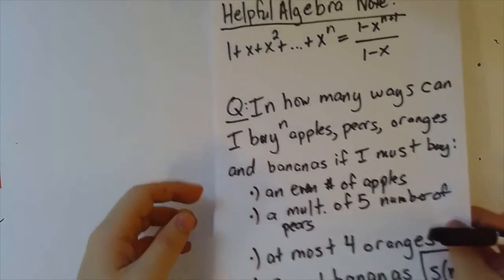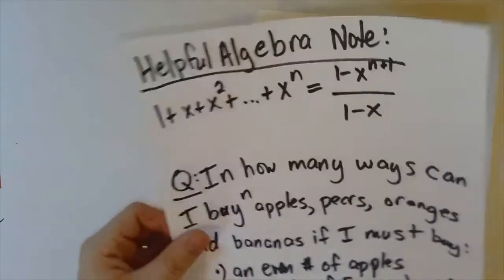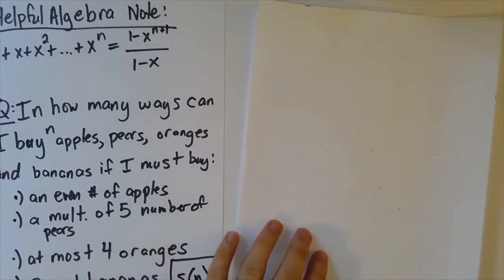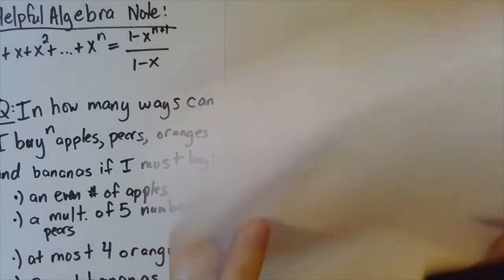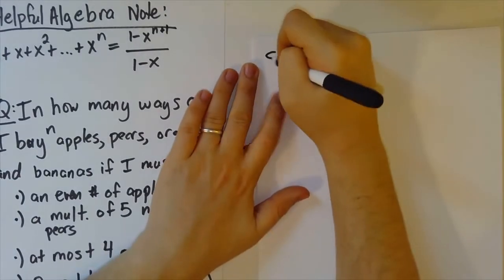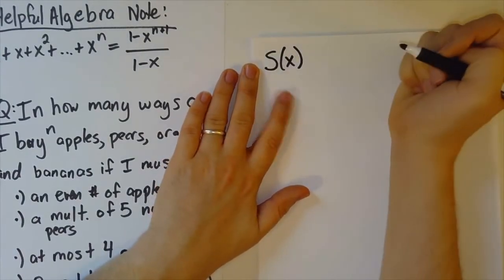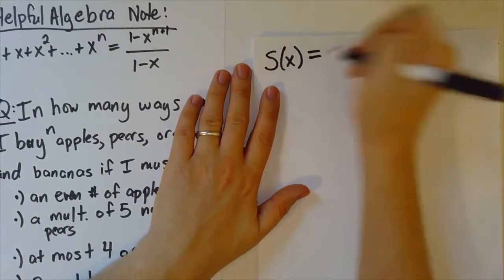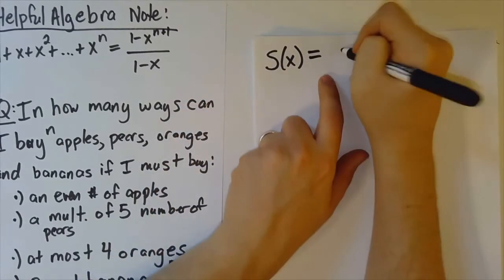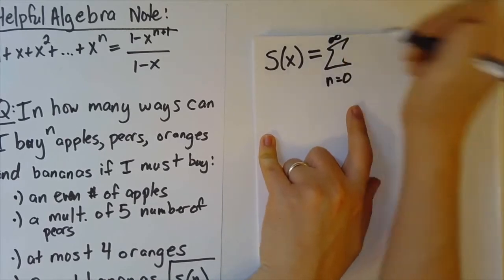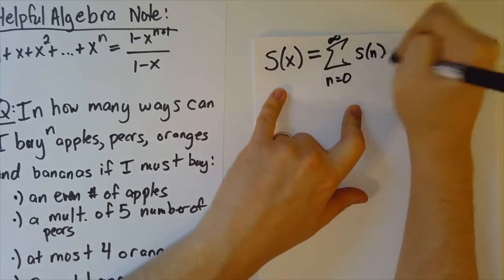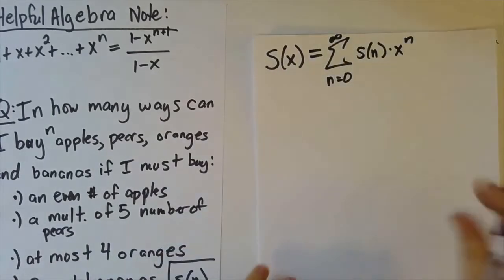And so what I really recommend you do before I figure this out is try and write down a nice way to represent the function for this power series, the sum as n goes from 0 to infinity of S of n times x to the n.